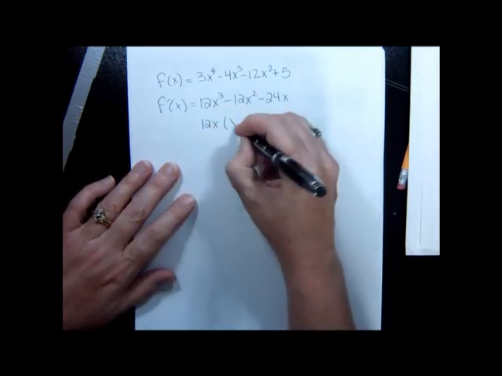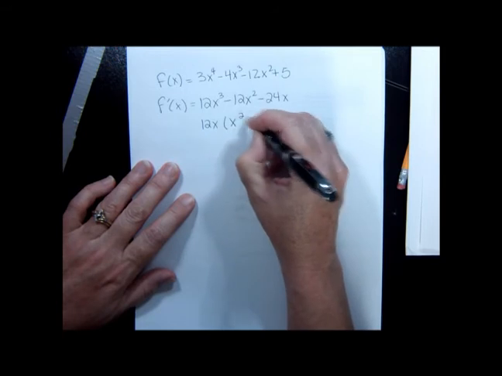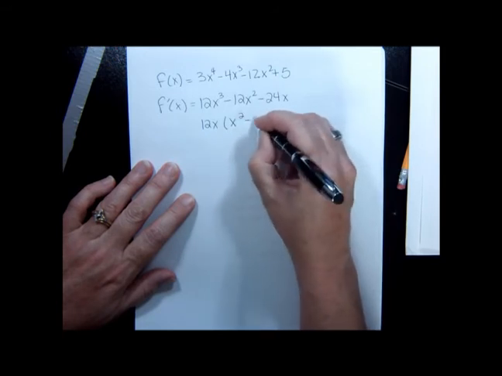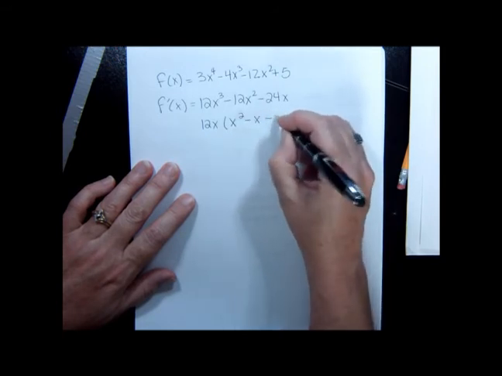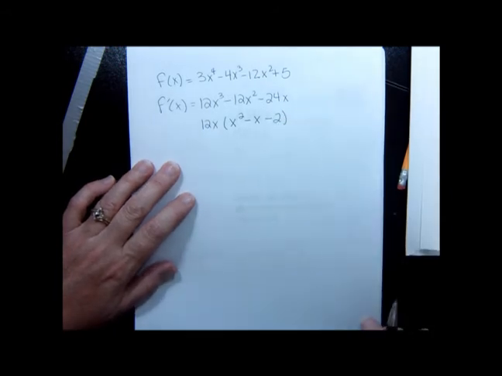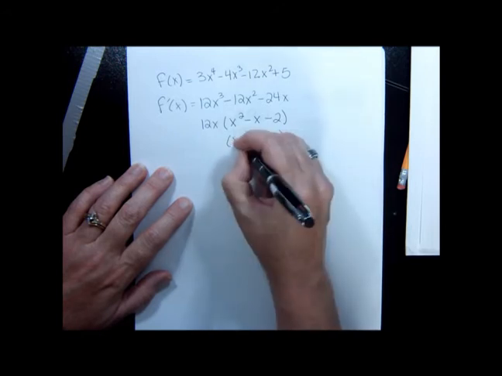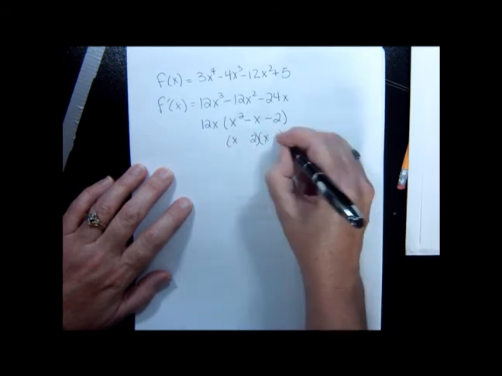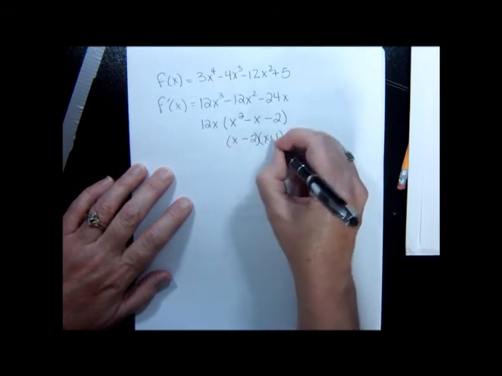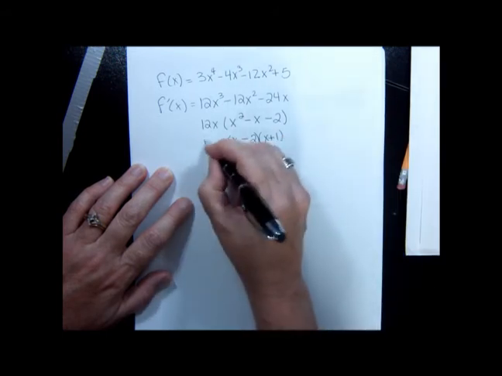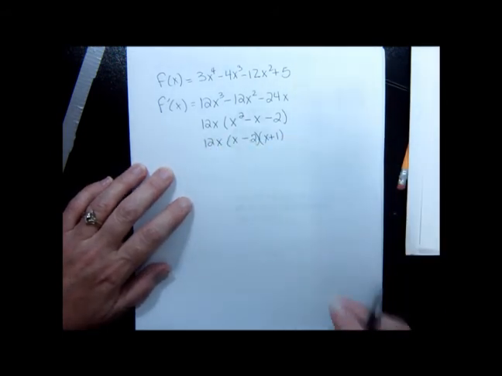And when I do that, I have x squared minus x minus 2. Okay, let's see, can I factor that? Looks like I have my x values to 1. I have a negative here. So I'm going to have my factoring point to be this.